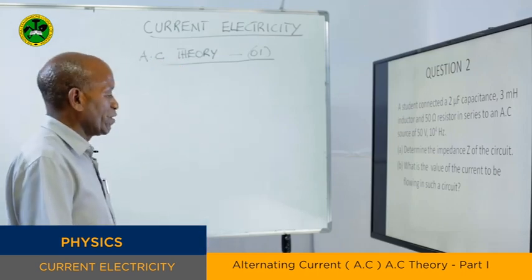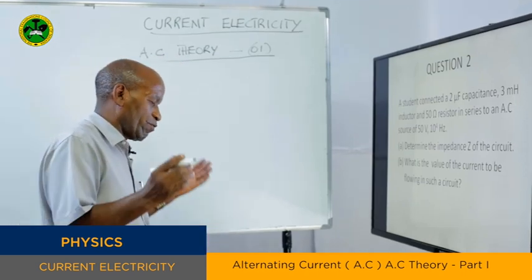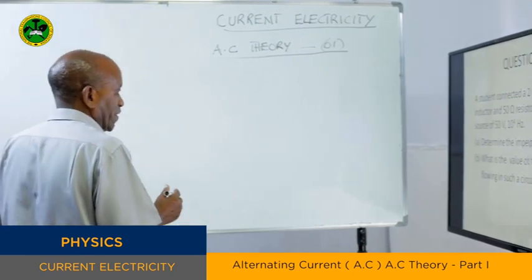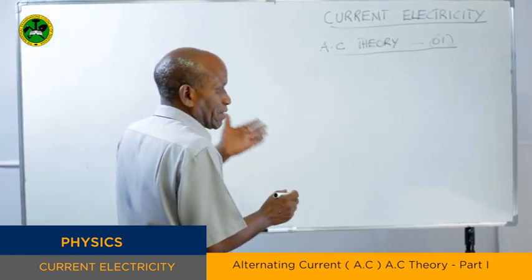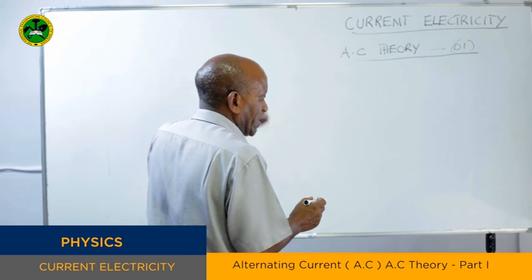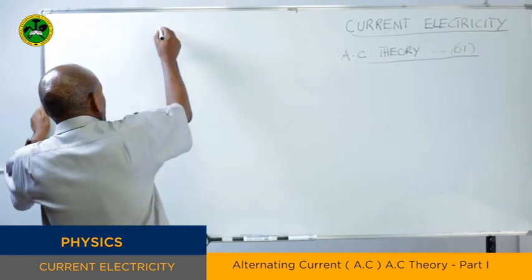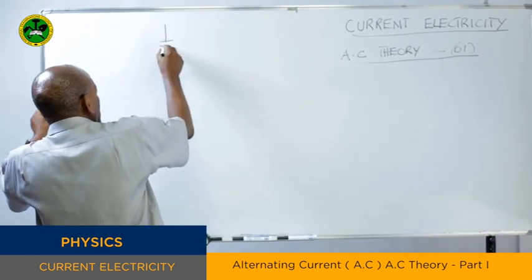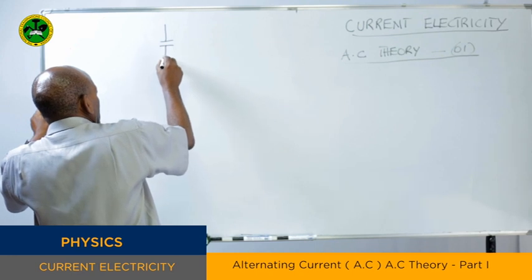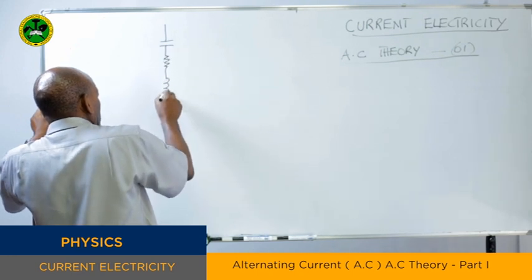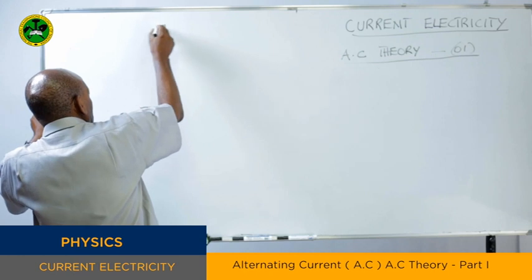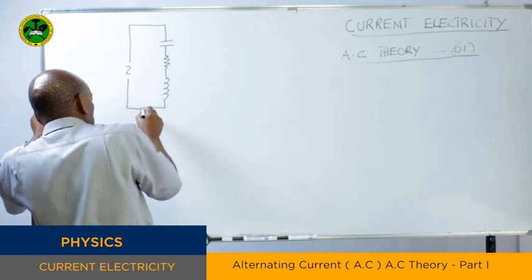Okay, this question, if you have followed me, is very easy. Here we have a capacitor, a resistor, and an inductor connected in series across an AC source.